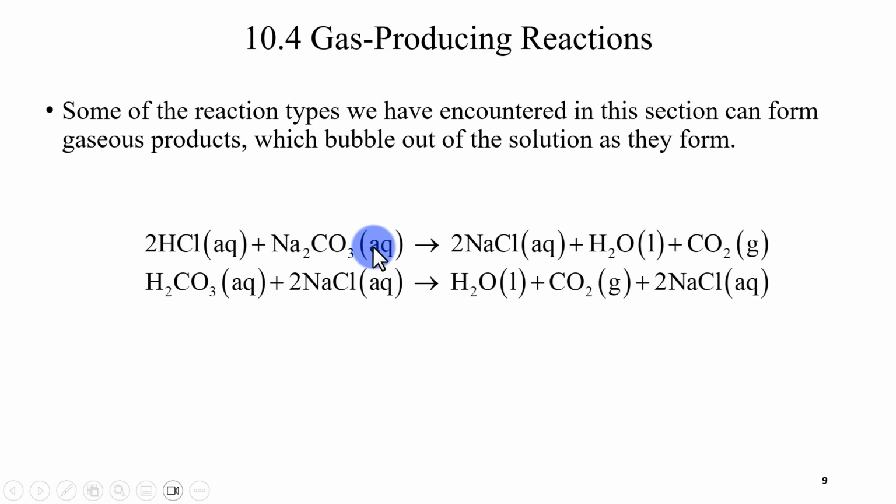So here is an example. HCl is an acid and Na2CO3 is a base. So when we put these together, we form NaCl and H2CO3, which H2CO3 can then go on and break down into H2O and CO2 gas, which escapes the solution.